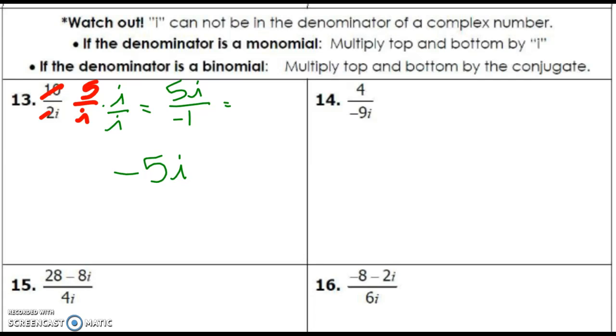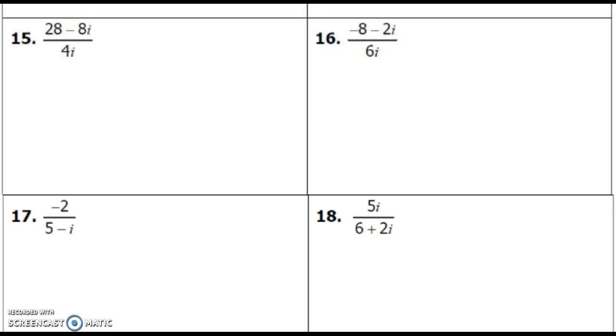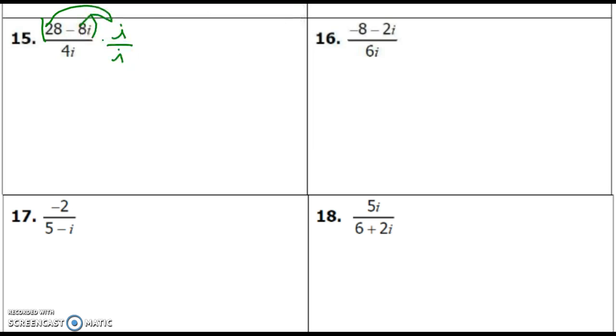Okay, let's do one of these here, number 15. So we can just take this again, times i over i. That will satisfy the denominator to make it be a whole number. Don't forget that the numerator is like in parentheses, so you need to distribute the i to both of them. So on the top, you're going to get 28i minus 8i squared all over 4i squared.